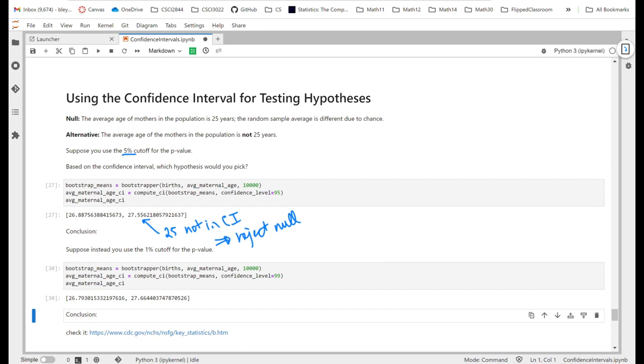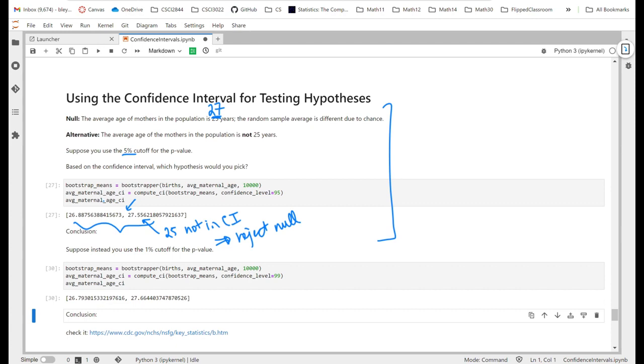Now I'm going to contrast this with what happens if we had changed our null hypothesis to be that the average age of the mothers in the population was, say, 27. Let's go back to the 5% cutoff. We're back to the same question. Because 27 is in my confidence interval, it is possible that 27 is the actual population average.